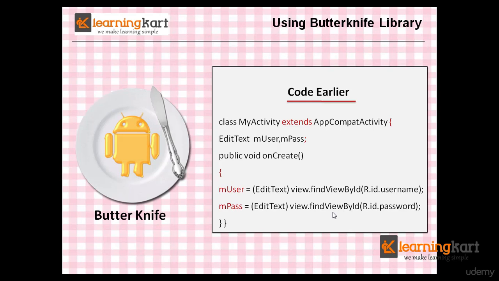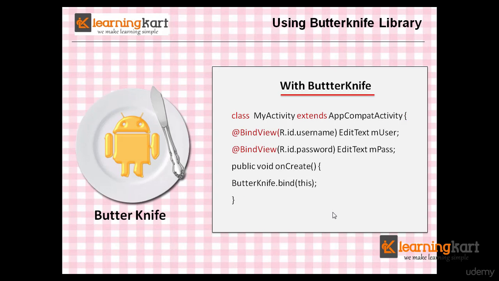Now how does it change with Butterknife? What you do here is use annotations, and you pass in the ID of the UI component that you need to associate with this EditText. For every view you'd use the annotation called BindView, and there are corresponding annotations for different data types.